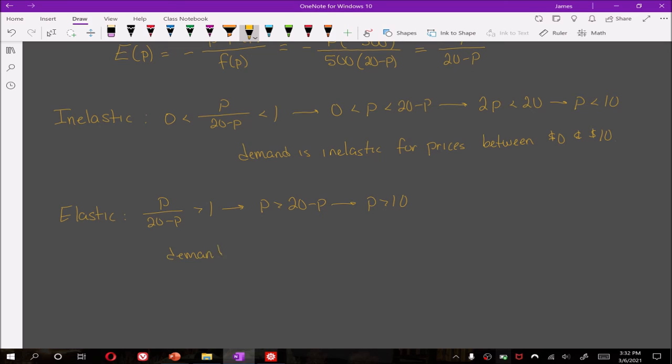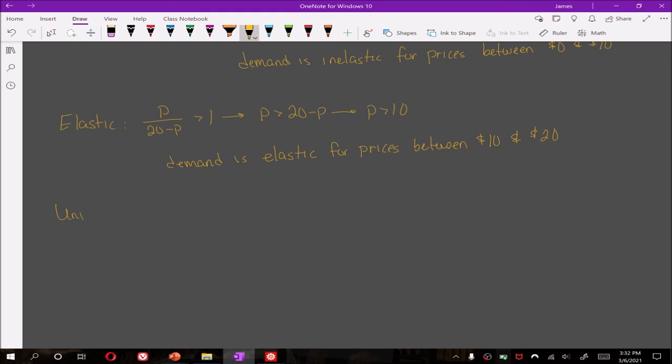So the demand here is elastic for prices larger than $10. However, remember we said in the domain that the highest p can be is 20. So it's prices between $10 and $20.